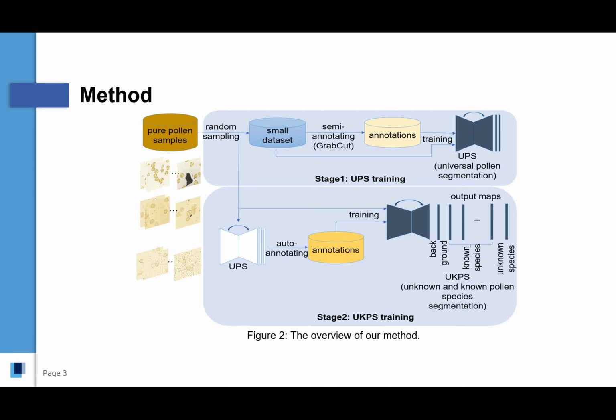Our universal pollen segmentation CNN consists of a 9-layer U-Net, followed by 2 output filter maps connected to a sigmoid to predict a binary value in each image pixel. The CNN adopted to recognize and segment pollen species in pollen mixtures has a similar U-Net backbone.